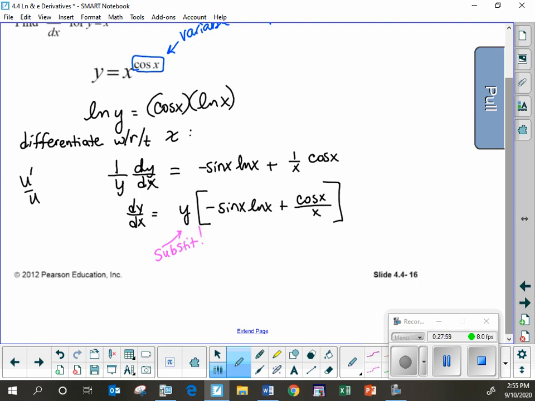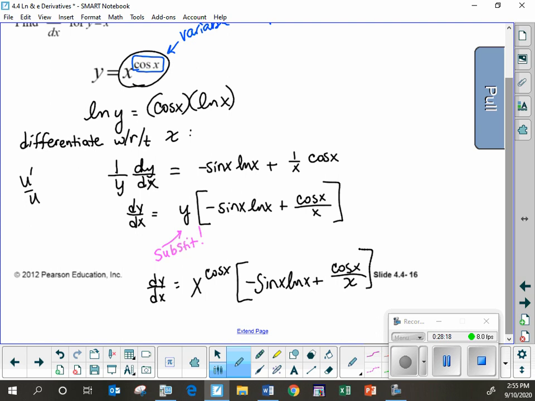And my final answer then, here's the derivative, dy dx is equal to, well, y is equal to x raised to the cosine of x, and then everything else stays the same. Negative sine x, natural log x, plus cosine x over x. And there's our derivative. It's kind of a clever technique. It works when you have variables up in the exponents.